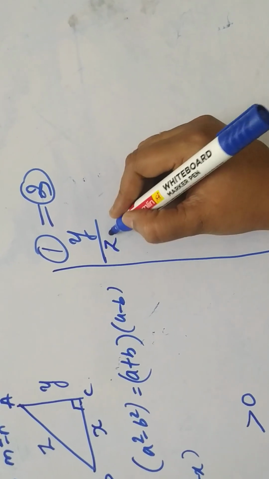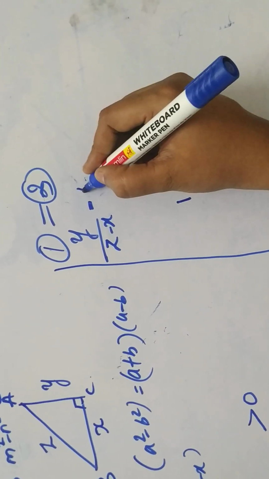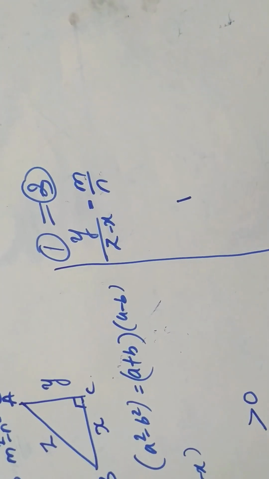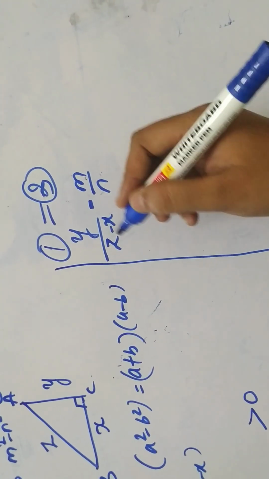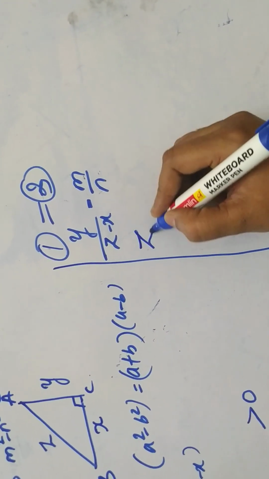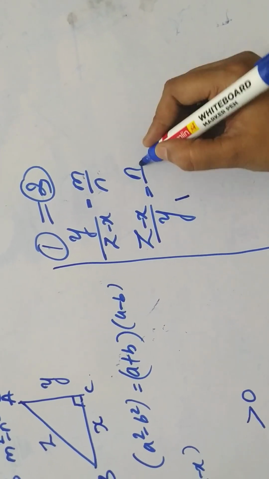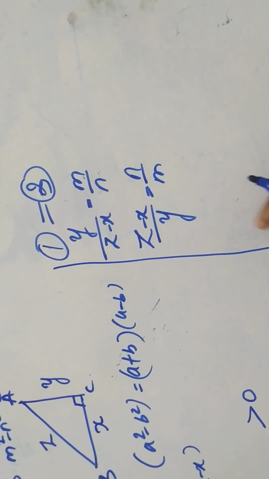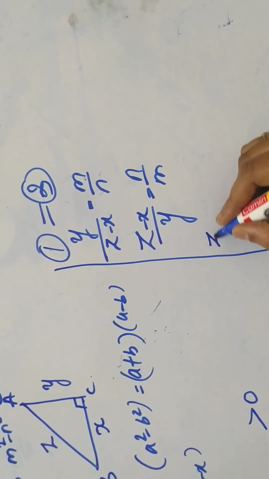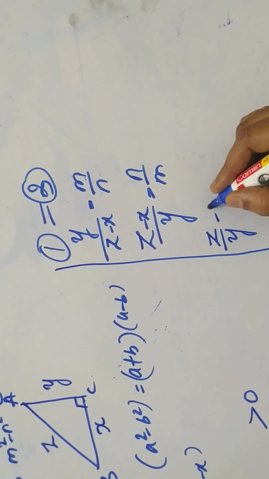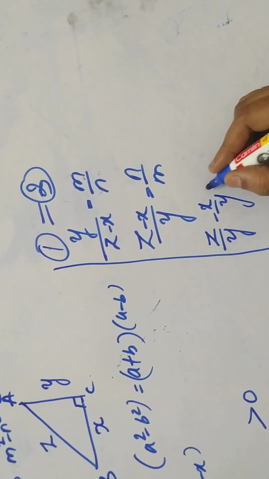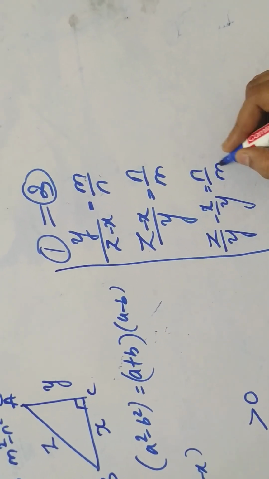y by z minus x will be equal to m by n. Take the reciprocal. z minus x by y is equal to n by m. This can also be written as z by y minus x by y is equal to n by m.